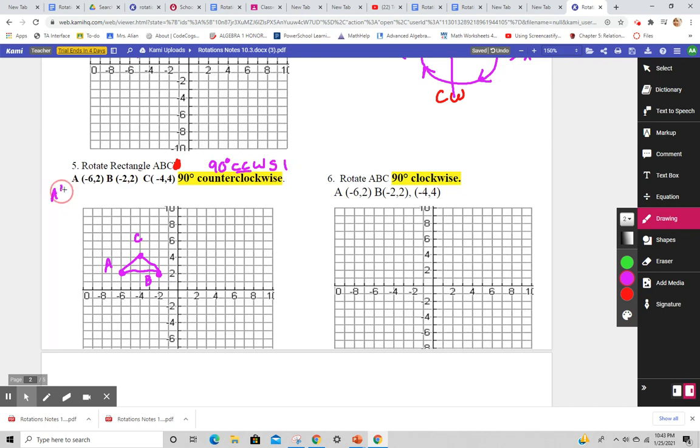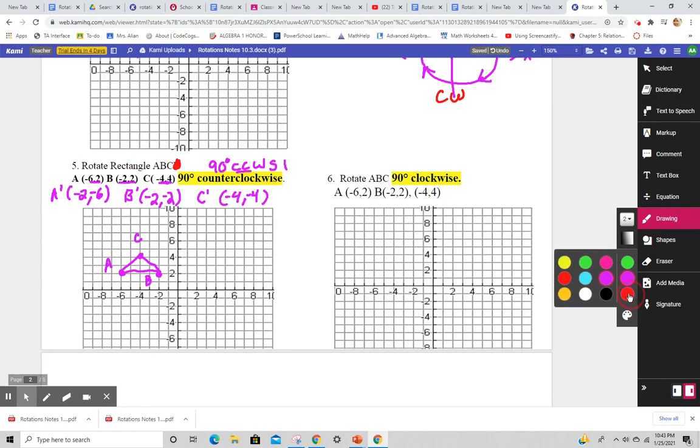Okay, I see 2 C's, so I need 1 here. So A prime, switch X and Y, so you'll have 2, -6, change the sign of the first. B prime, so instead of -2, 2, you'll have 2, -2, and then you'll change the sign of the first. C prime, so instead of -4, 4, you'll have 4, -4, and then you'll change the sign of the first.